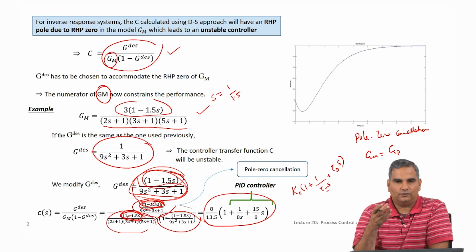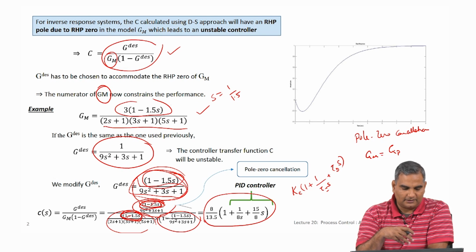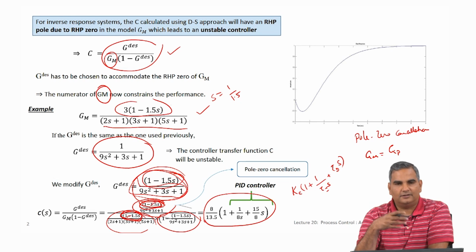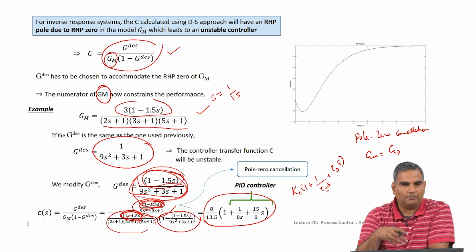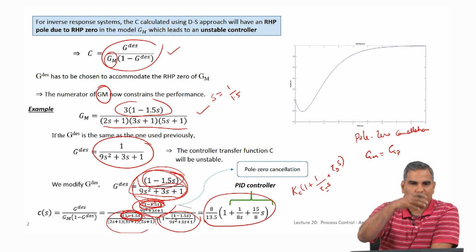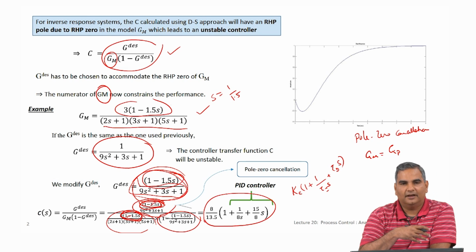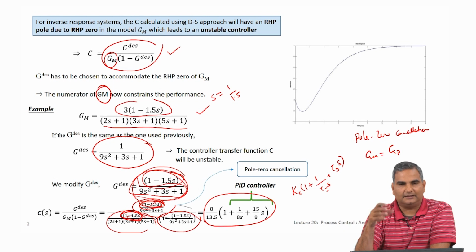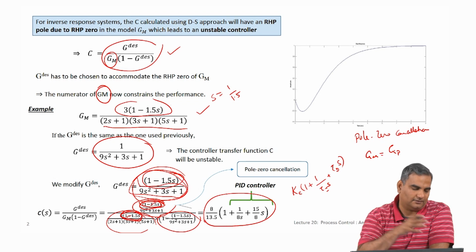So, we have to be very careful when we think about these calculations to understand where we are using G model and where we are using GP, because traditionally, till we came to this direct synthesis, and then I started talking about model and inverting a model and so on, we typically say, okay, here is a G process, design a controller based on the G process, and then put the same G process transfer function in your closed loop block diagram, and then see how well it does. Okay. So, in that case, we are intuitively or implicitly assuming that the process and the model transfer functions are the same.